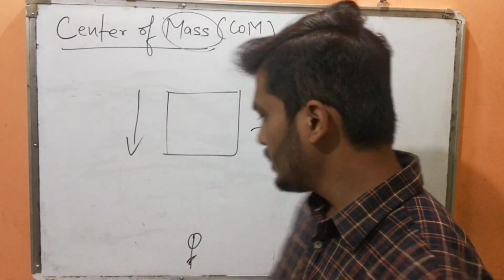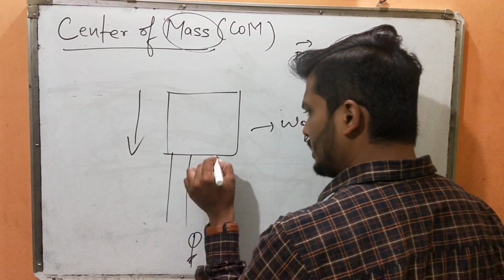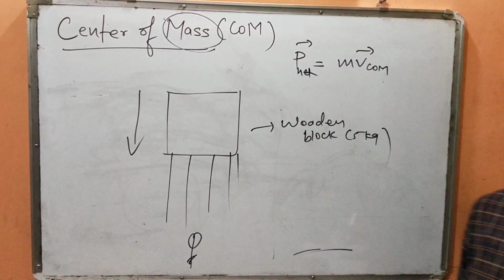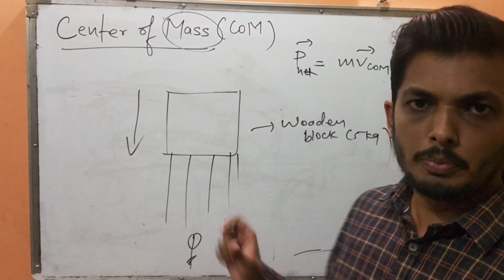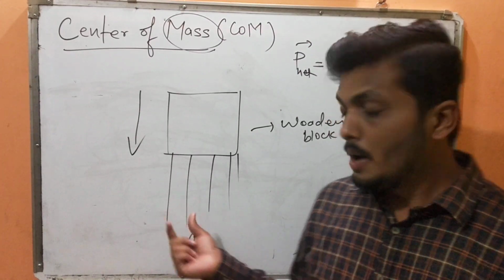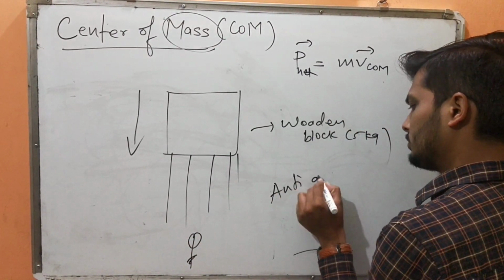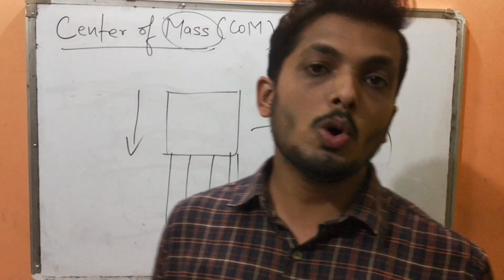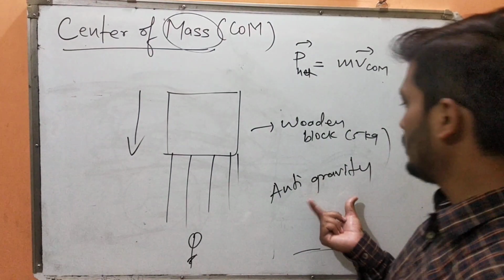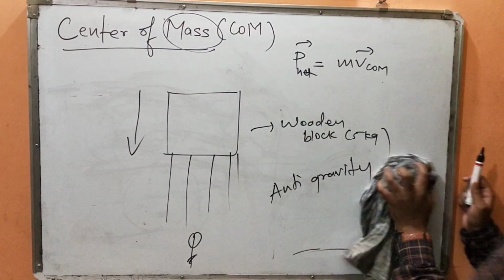Somehow you need to catch it. You will be given 5 sticks. So you apply a stick here and here, and you are preventing the wooden block from falling to the ground. Yes or no? But this work you have done is anti-gravity work. You are doing work against the gravitational field, right? You are overcoming that gravitational field and preventing that box from falling down.